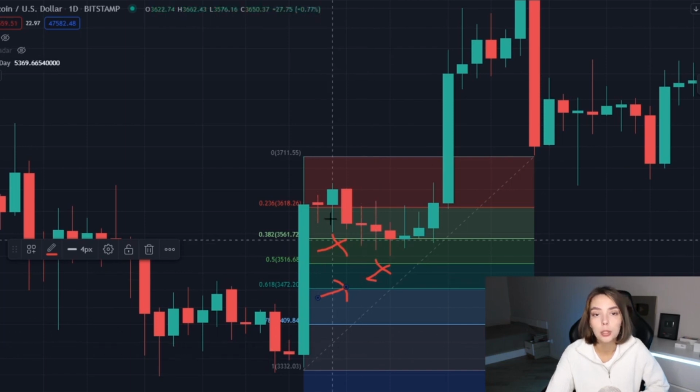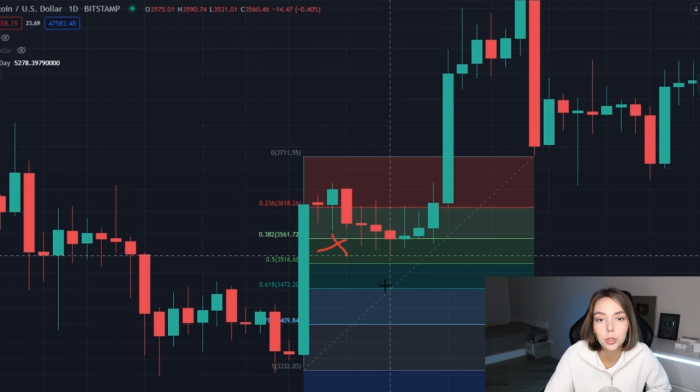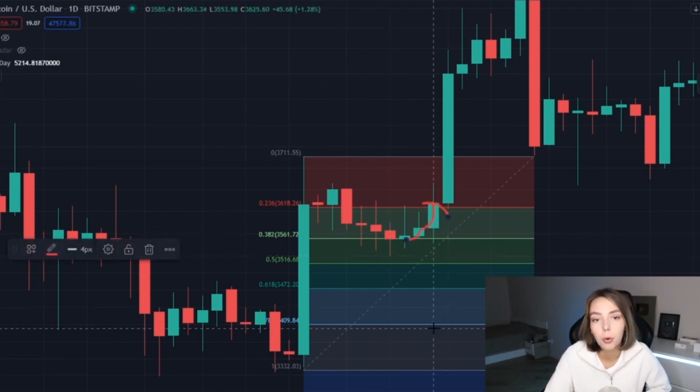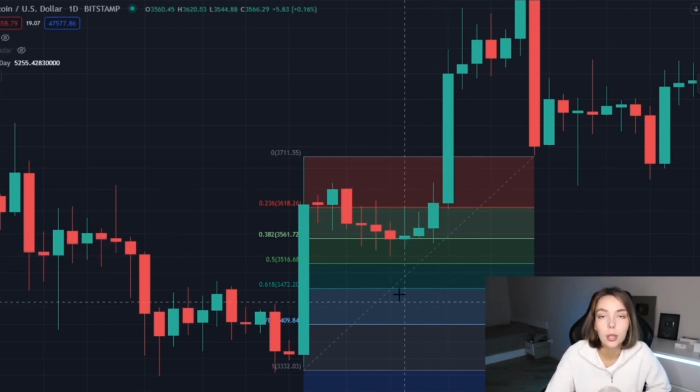We see how the price reached our limit order at the 0.342 level after this massive pump and then went up, having worked only one level out of three. The price hasn't reached the 0.5 level, which means that this momentum hasn't yet been fully corrected.